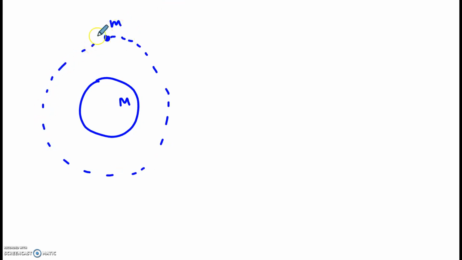When an object is in orbit around some mass M, here's some little thing, little m, in orbit, there is another way to find the speed. We know that the gravity force is what provides the centripetal net force. And the gravity force is G times the product of the masses over the distance between them squared.